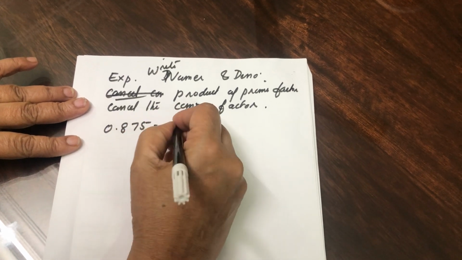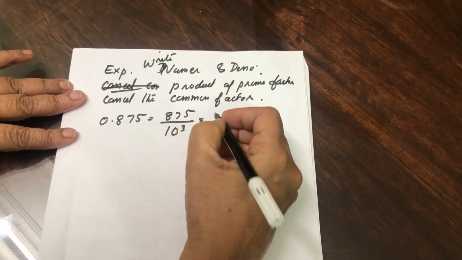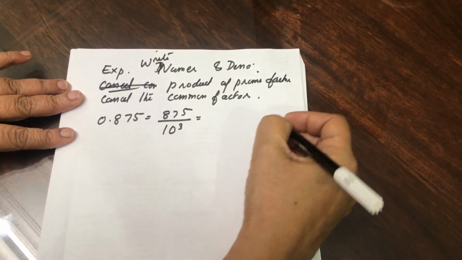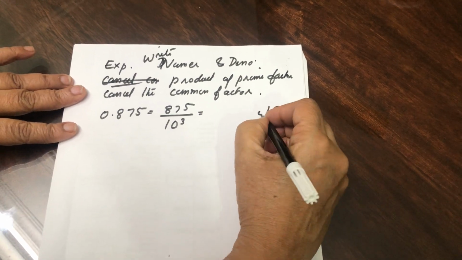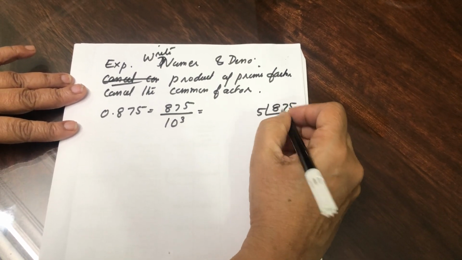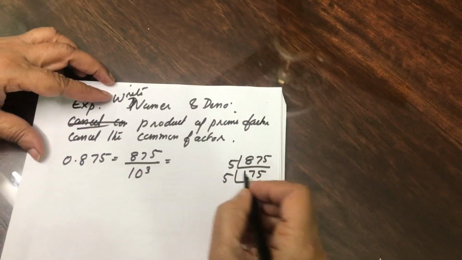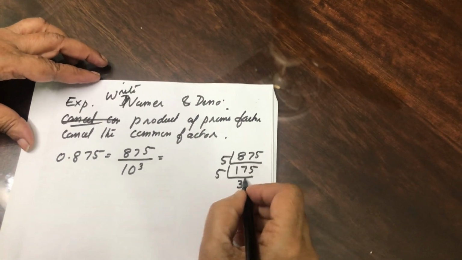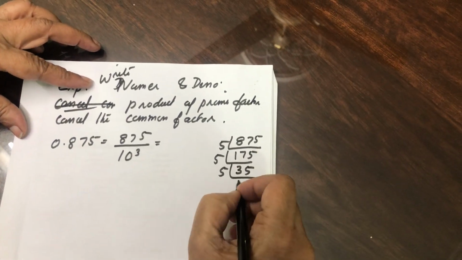Then you write down, see, 0.875 is 875 by 10 raised to 3. So here 875, you can take the prime factors. First is 5: 5 sevens are 35, 5. Again 5, 5 threes are 15, again 25, 5, 5, 7.